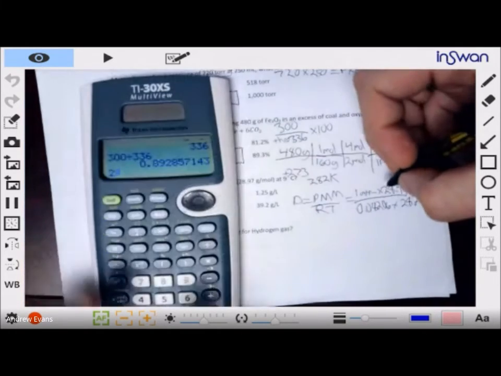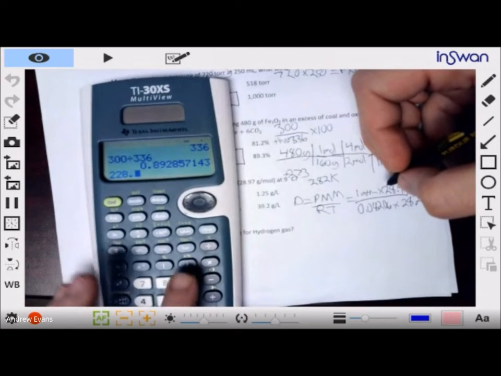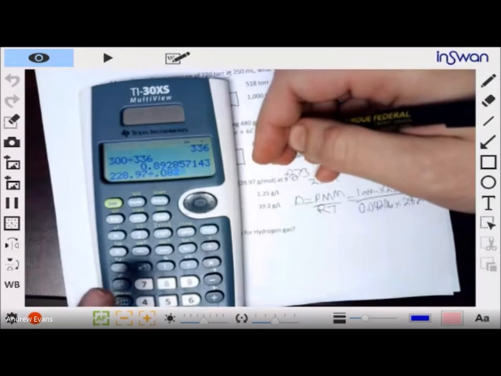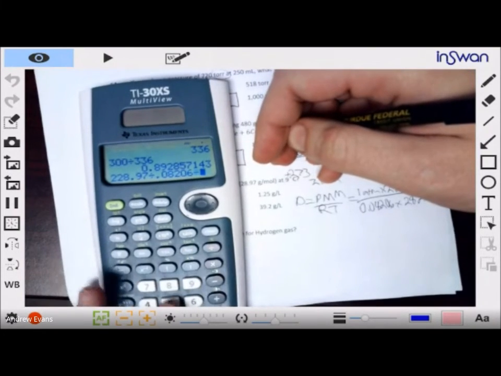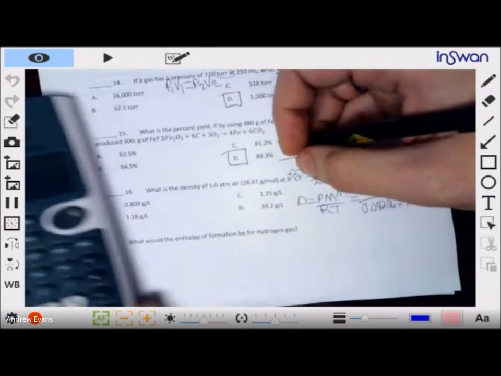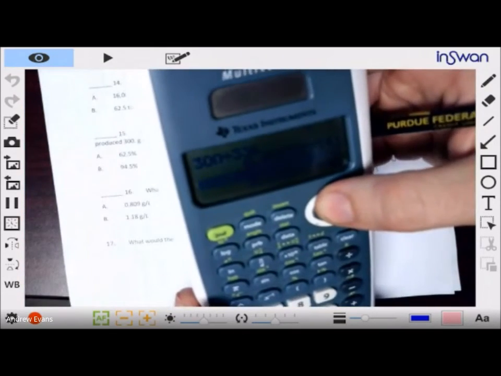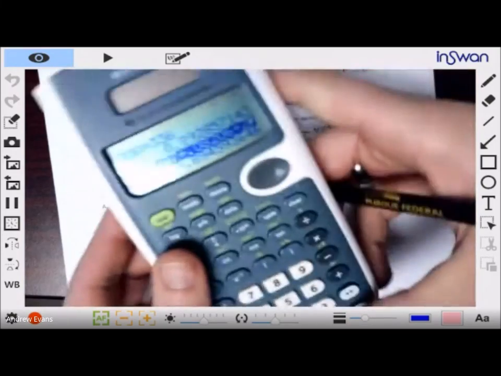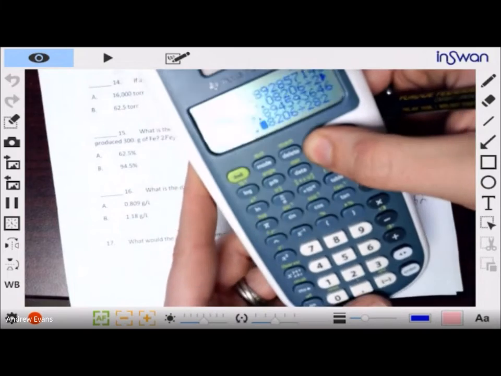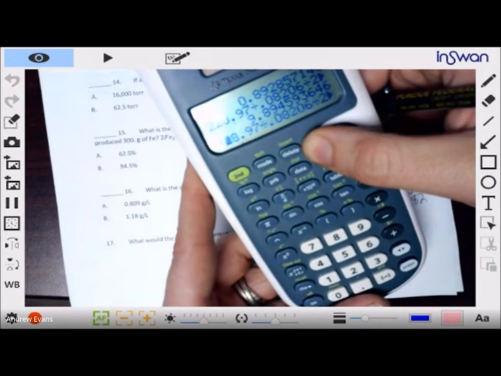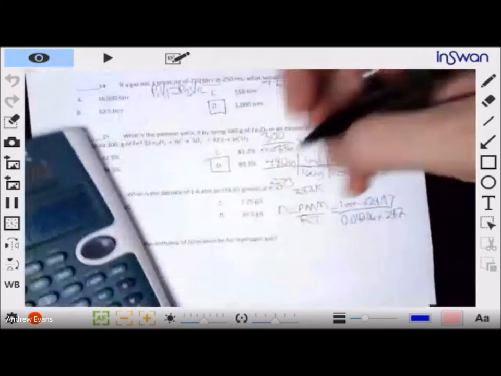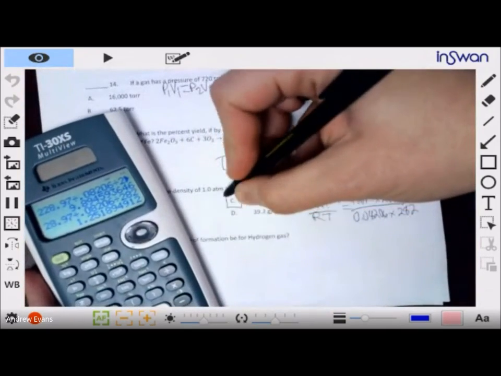You do that, should get a density. 206 divided by 282, and you have, wait a tick. Here's my problem. I used the wrong molar mass. 28.97. Yet 1.25. Answer C.